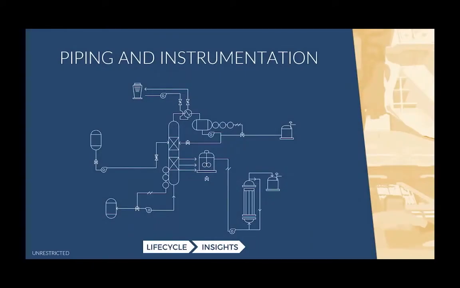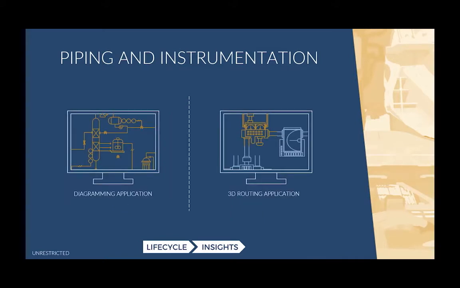Obviously, piping and instrumentation diagrams are pretty core to developing fluid power systems. So we'd be remiss if we didn't touch on this at least. The key here is that you've got to develop this documentation. There are a lot of companies out there today that have two separate solutions for this. On one hand, they develop the P&ID deliverables using a 2D CAD application or diagram application in some cases.